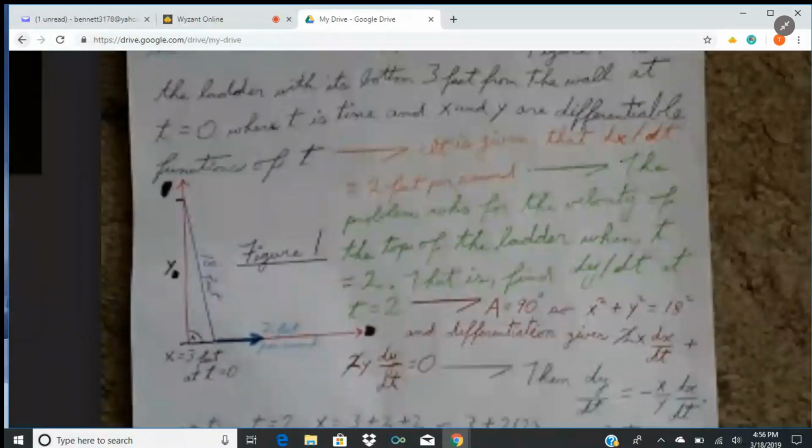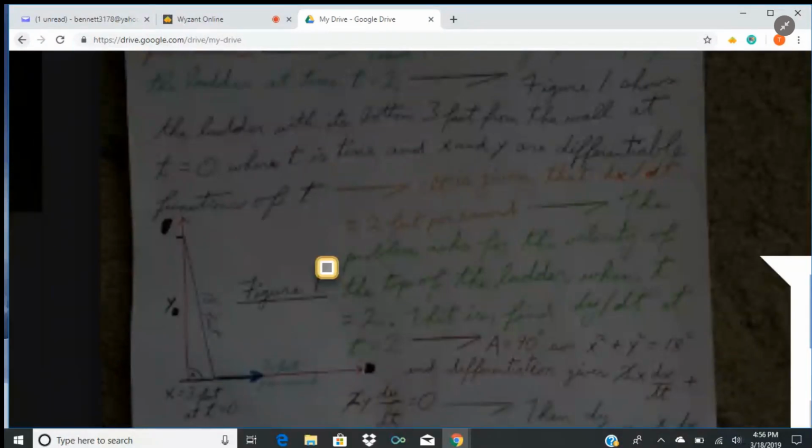So from here to here, 18 feet. Right here, this shows that the foot of the ladder is 3 feet from the wall at time t equals 0. Here's your y distance, the vertical wall. This shows that the bottom of the ladder is moving out at 2 feet per second, and there's that arrow to show that.